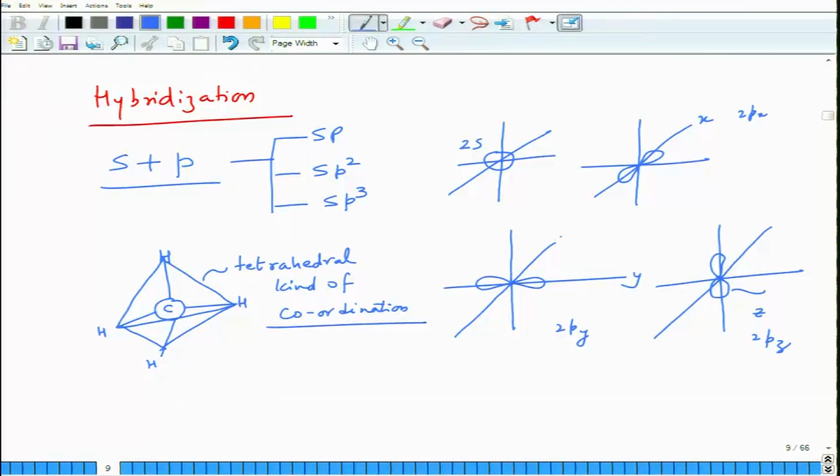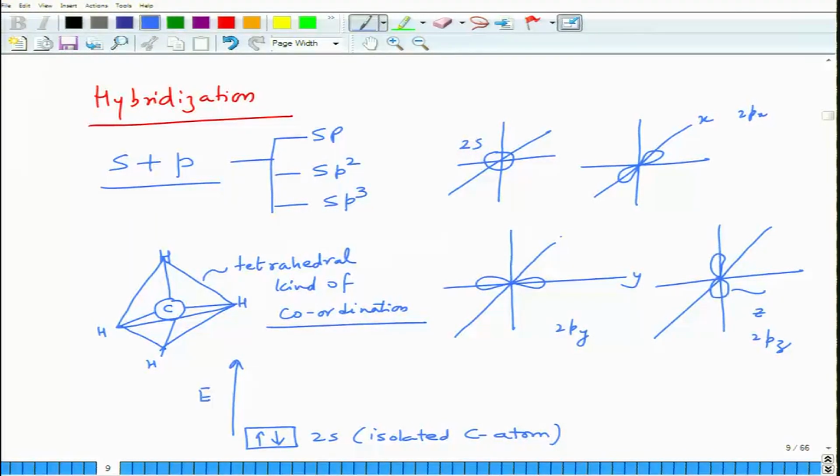Hybridization basically gives you, if you look at the energetics, so this is for example the energy scale, the 2s of the isolated carbon atom, okay. This has spins like this, this is satisfied.